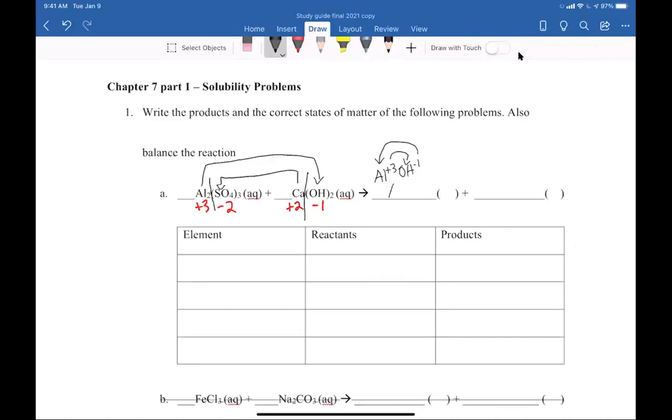So Al is by itself, and then we have OH, and then a 3. Right? That works as well. Or you can say we need more OH because we only have 1 Al.